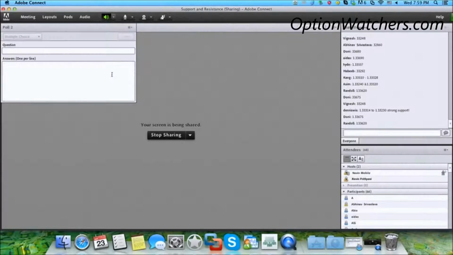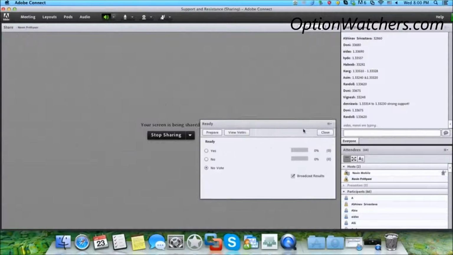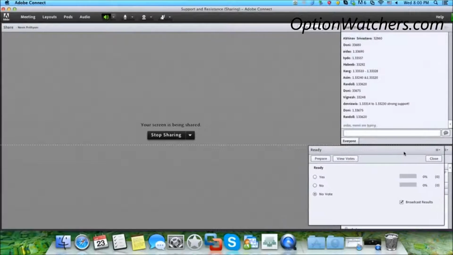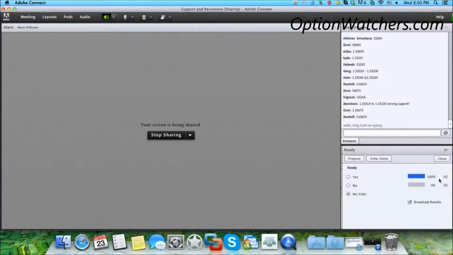There we go. Whenever you guys are done and you're ready, you just use this poll to tell me that you've drawn your lines on your screen, and then I continue onto my screen. The moment we touch more than 70%, we will continue.